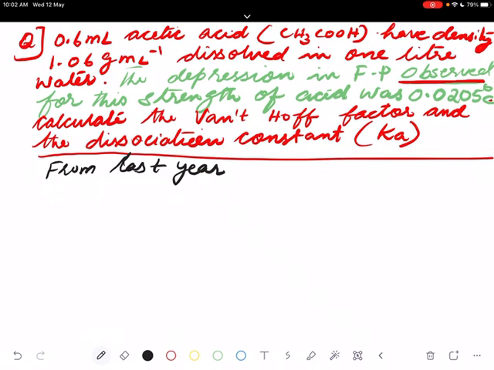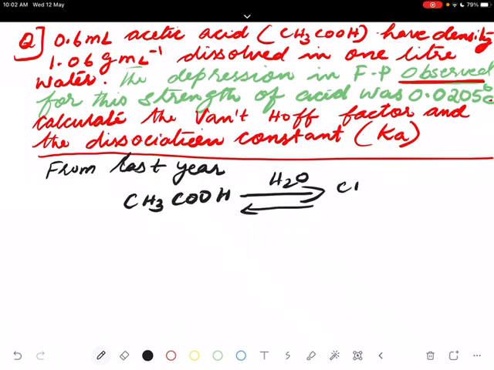we learned CH3COOH in water. It is an equilibrium, so I am putting the reversible sign. In water, that gives CH3COO minus and H plus.